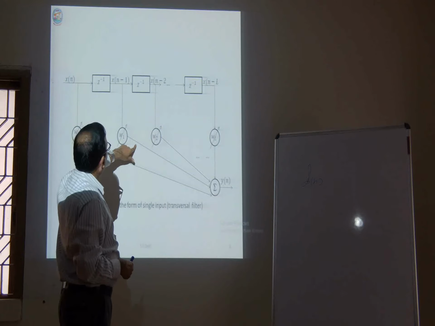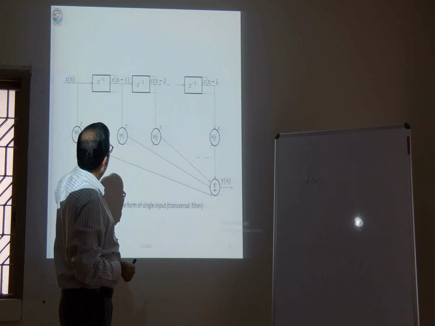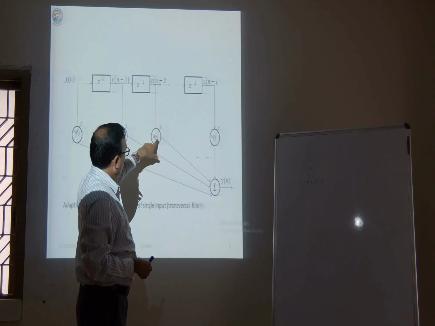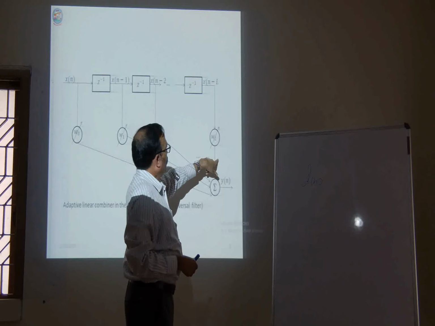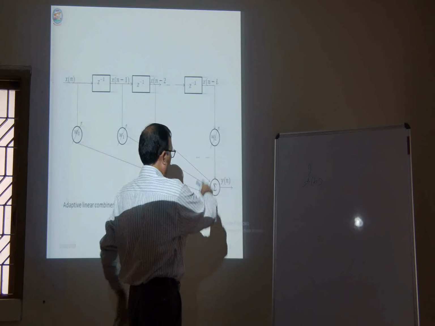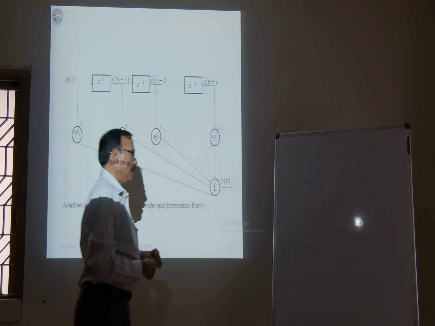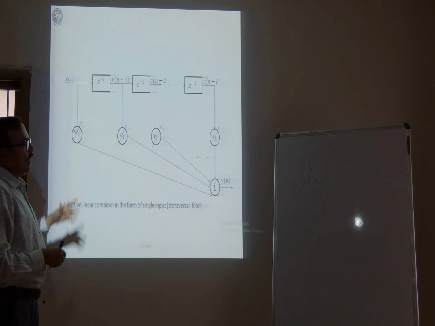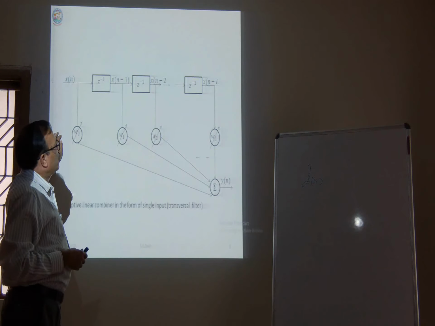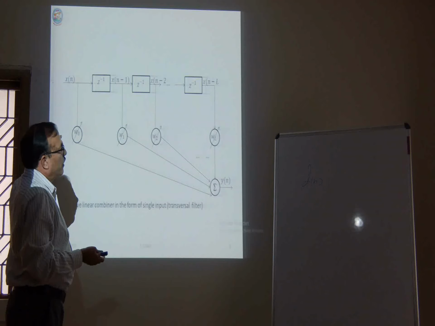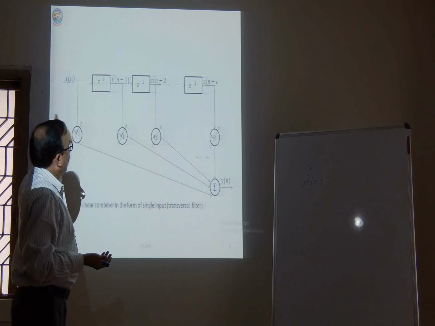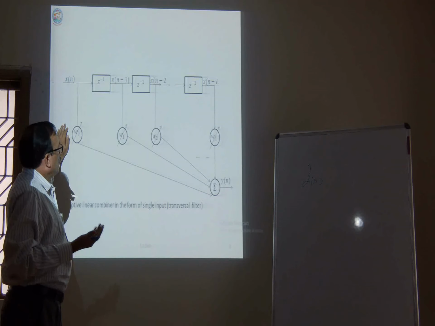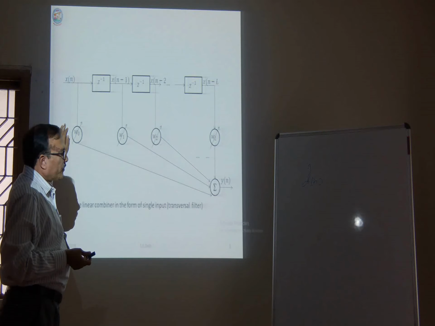So here we get xn minus 1 w1, here we get w0 into xn, here we get xn minus 2 into w2, here we get wl into xn minus l, and here all are added, and you will get the yn output. Again here also the output is linearly related with the input, so it is known as the linear combiner, and as the weights can be varied, so it is adaptive. Weights can be adapted, so it is adaptive linear combiner.